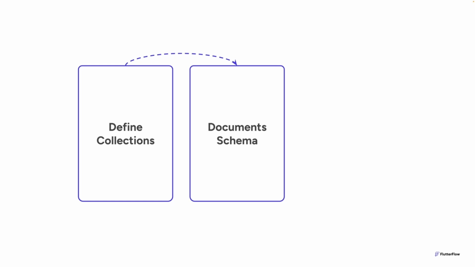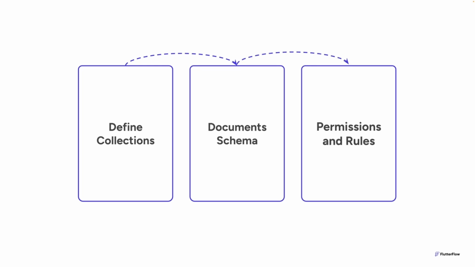Then, you need to define a schema, or in other words, create fields and define the data types of those fields. And then, you need to define rules and permissions. I want to give you one tip here: you can also create sub-collections in step one, but I recommend starting with top collections and document fields and then defining sub-collections. Let's see how it works in detail.